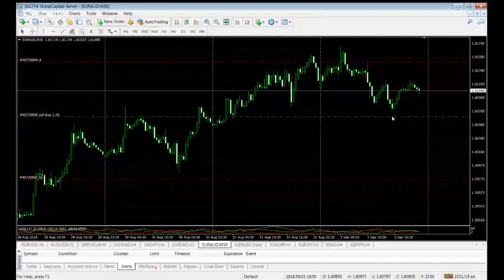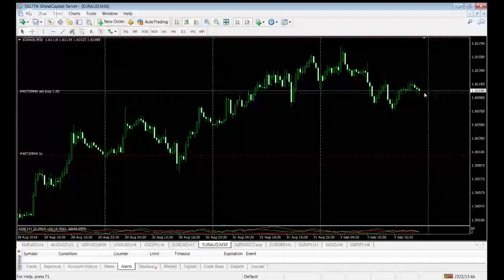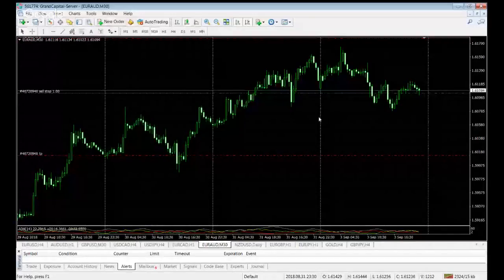So this trailing stop helps you, because in this move you can easily get stopped out, as the market keeps changing, the price keeps changing within 2 or 3 minutes. So this trailing stop will help you to make profit out of it. Maybe your trailing stop is 400 points. If the market moves 400 points somewhere here, your stop loss will also move 400 points and cover 400 points.